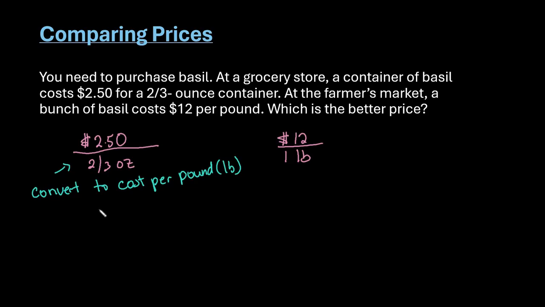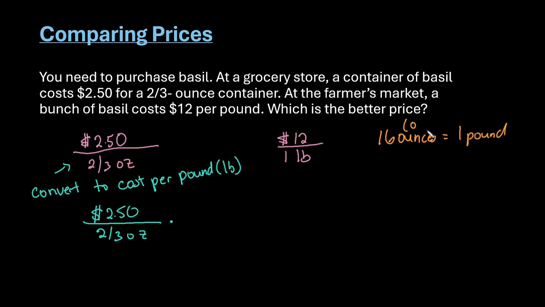Okay. So what we are going to do is we're going to take our $2.50 per 2/3 ounce, and we're going to use the conversion that there are 16 ounces in 1 pound.